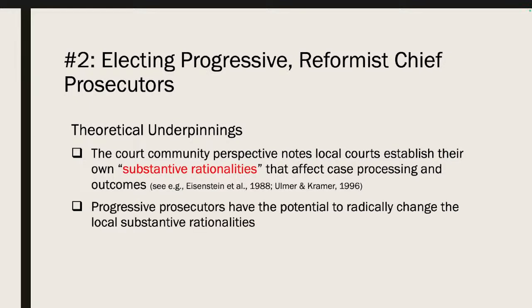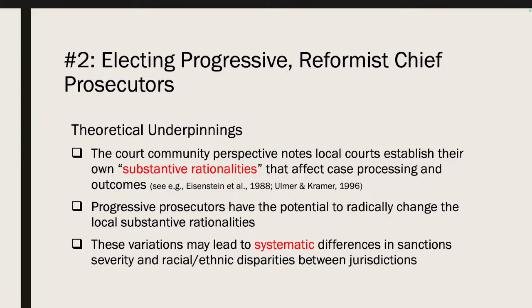So progressive prosecutors, they could radically change these local substantive rationalities in their hiring practices, in their policy-making practices, and so on and so forth. And if they are effective, this might lead to systematic differences, systematic variations in case outcomes and sanctioning by jurisdiction. So those are the two strategies I'm going to be assessing.